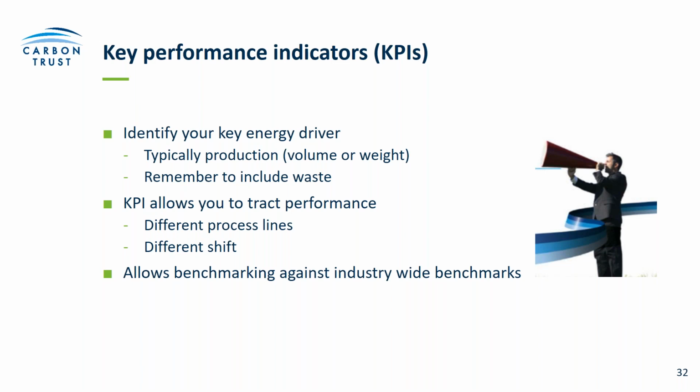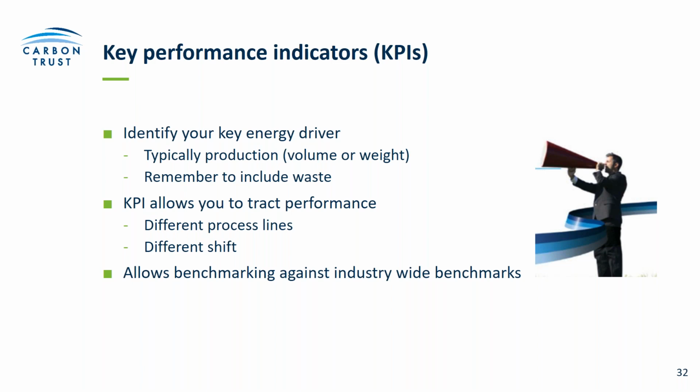And so to get accurate numbers out the other side, you need to include that as well. Your key performance indicator then, that could be your kilowatts per meter squared, it could be whatever the production level is, that allows you then to benchmark across the site.